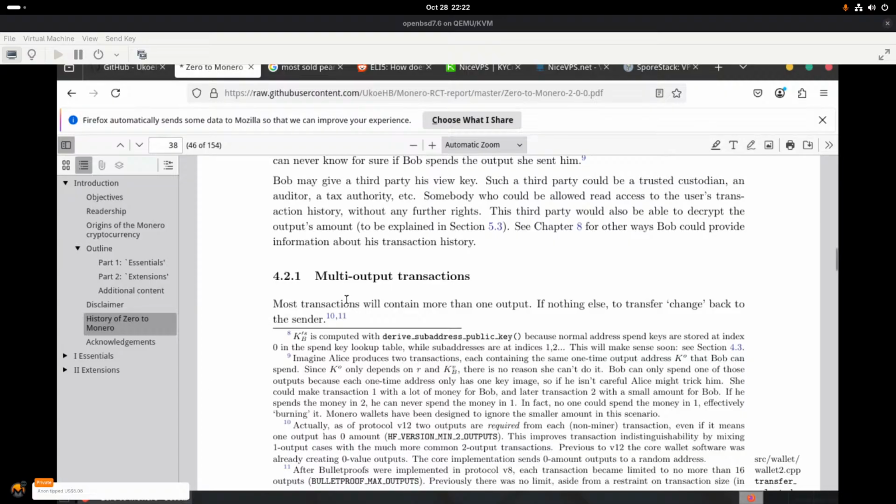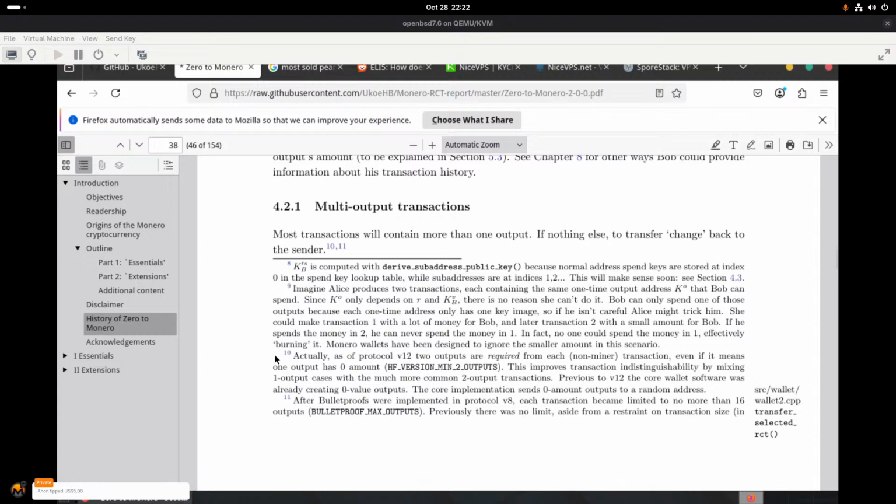Zero in the spend key lookup table, while subaddresses are at other indices. This will make sense soon.